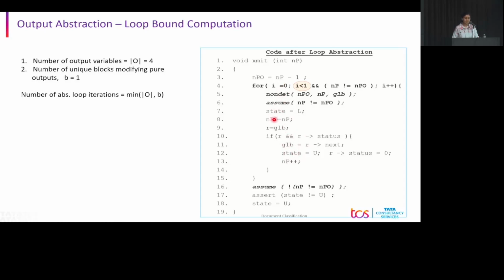This block will always be executed, and it is modifying this state variable: state is equal to u. So whether we execute this or not is sufficient for us to abstract all the outputs of the loop, because we are anyway abstracting IO variables through this non-deterministic assignment.